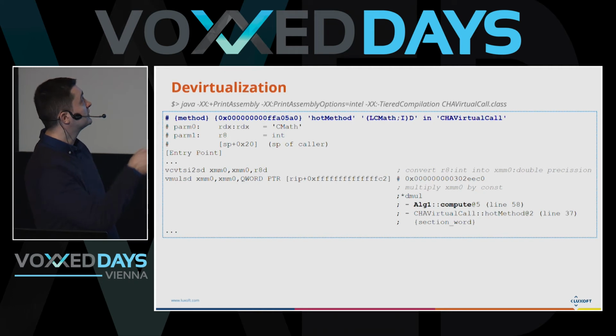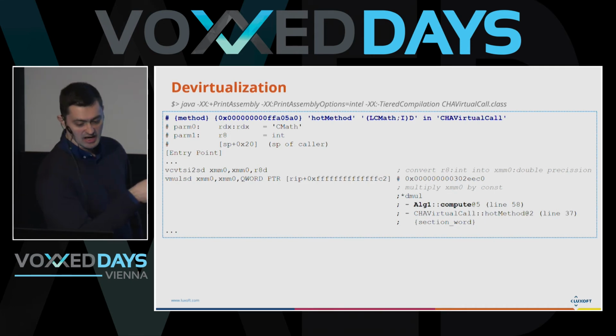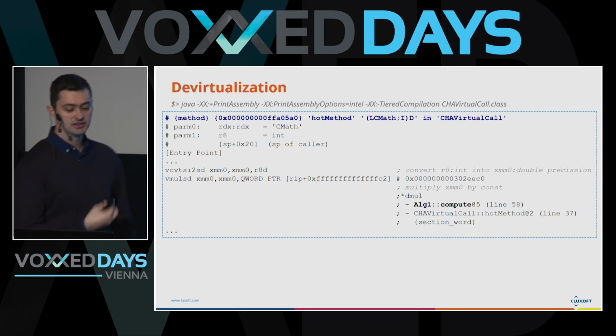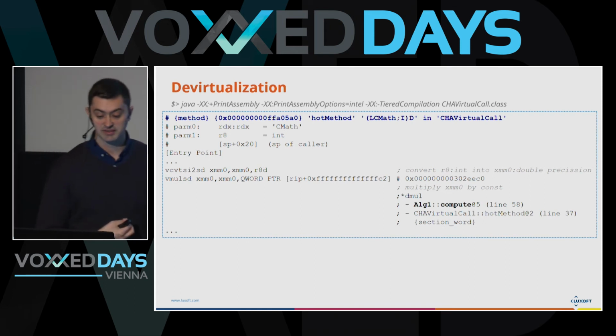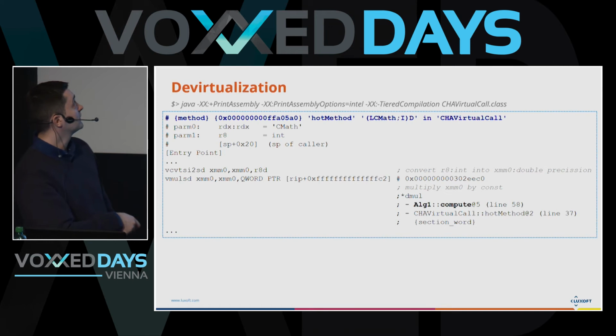If we zoom into the assembly, we see very simple things. The first line is mainly a conversion, and the second line is the multiplication. So it receives something, converts to double precision, does the multiplication, puts the value inside this register, and it is returned afterwards.